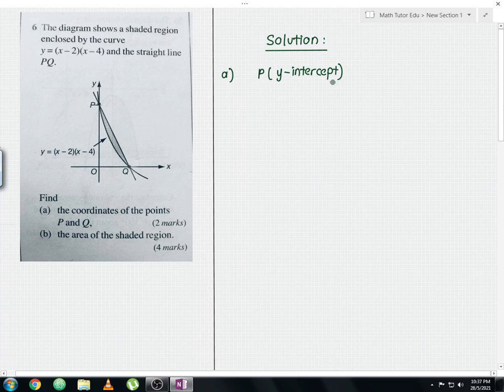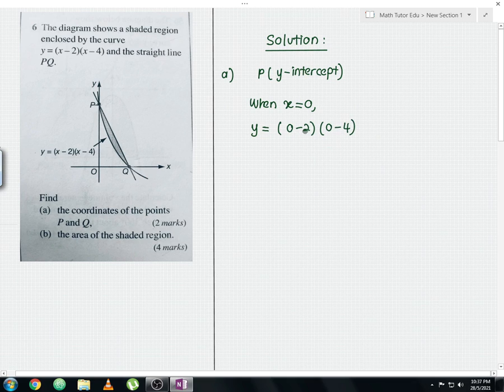Okay, in order to find your y-intercept, what you do is you set your x value equal to 0. So when x equals 0, your y will be equal to, in a bracket, 0 minus 2 close bracket, and then 0 minus 4.